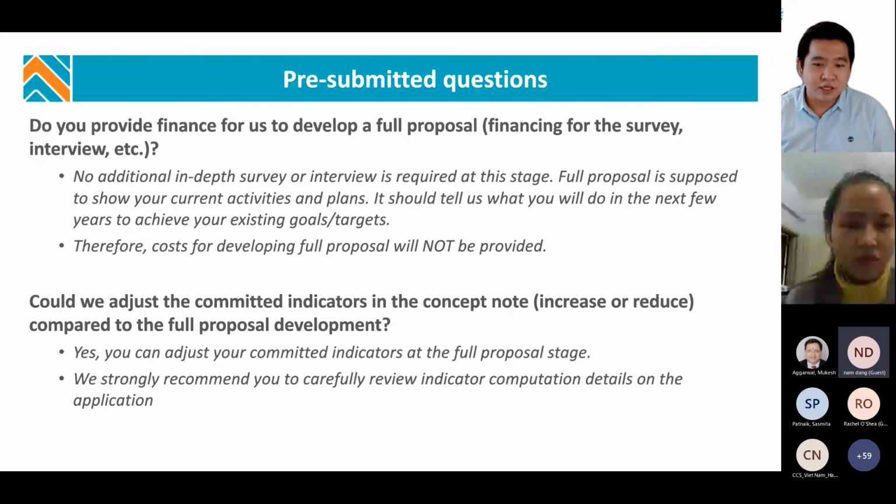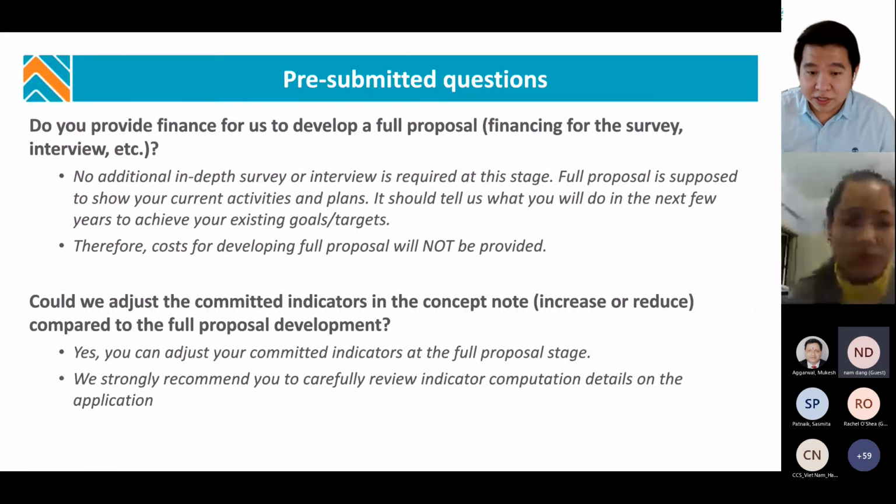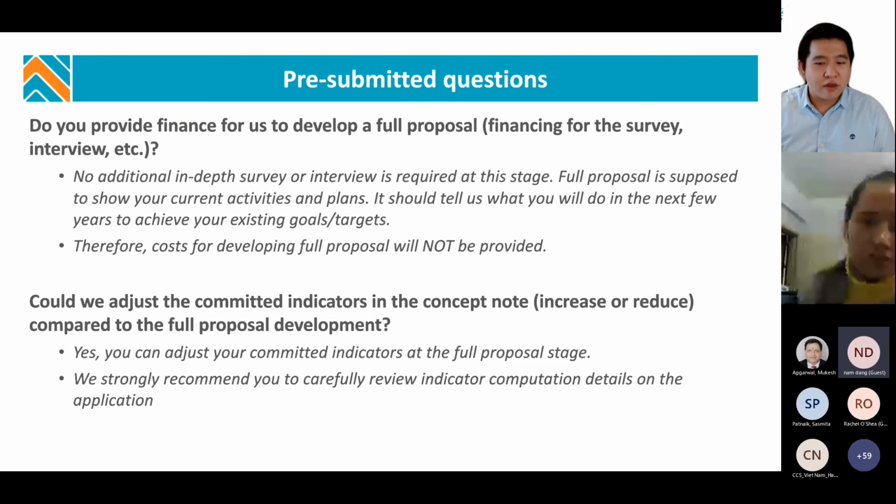Situations may change, and you may have new partners or new activities coming up, so you can change the indicator and the target at this stage. We also strongly recommend you carefully read the computations in the SM apply, because that will tell you how to calculate the target.